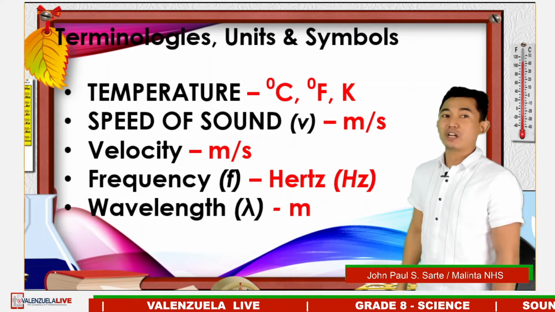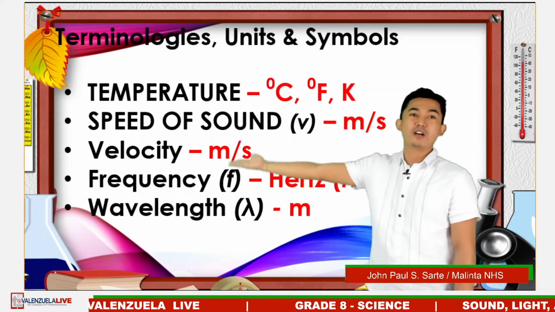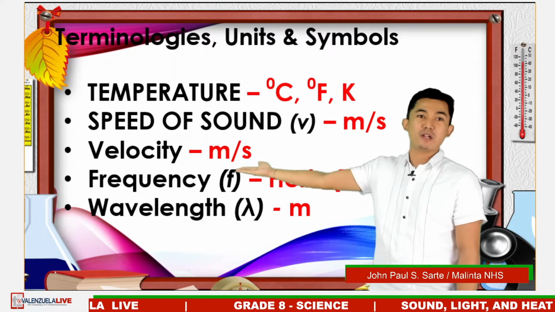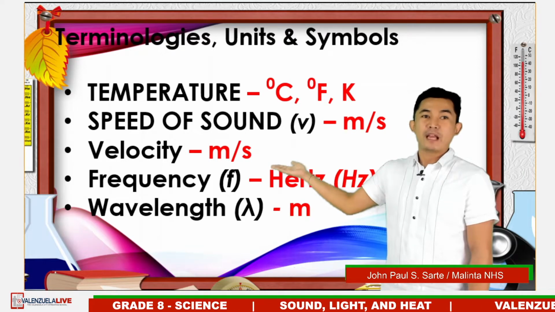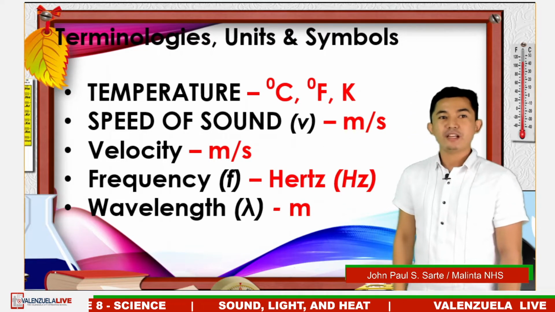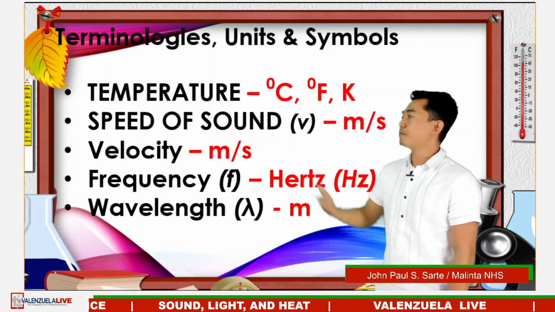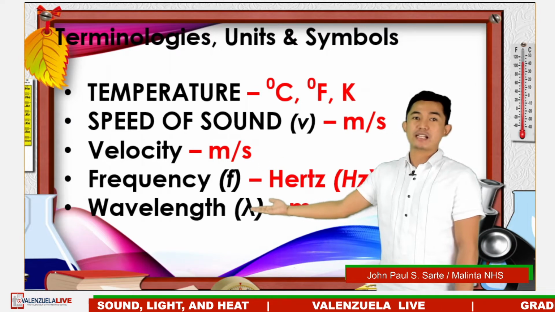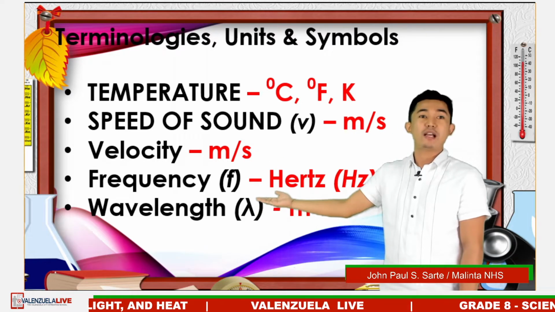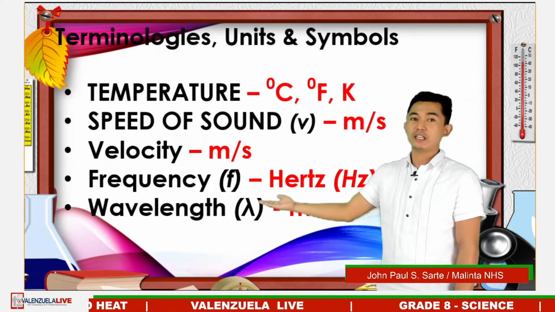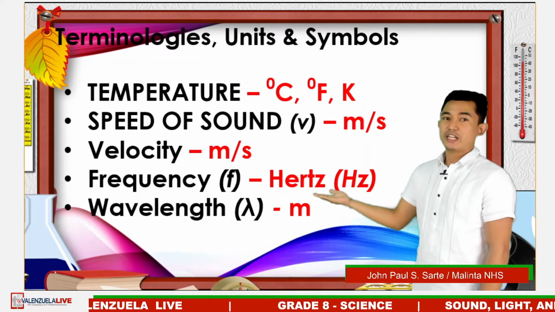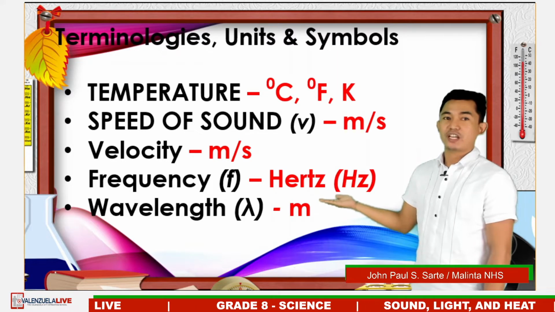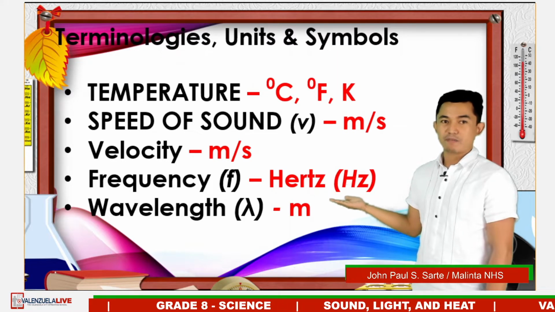And the third terminology is velocity, whose unit is meter per second. And the fourth one is none other than frequency. Frequency has its own symbol, which is small f. And the unit for frequency is hertz, or in symbol, capital H, small letter z.